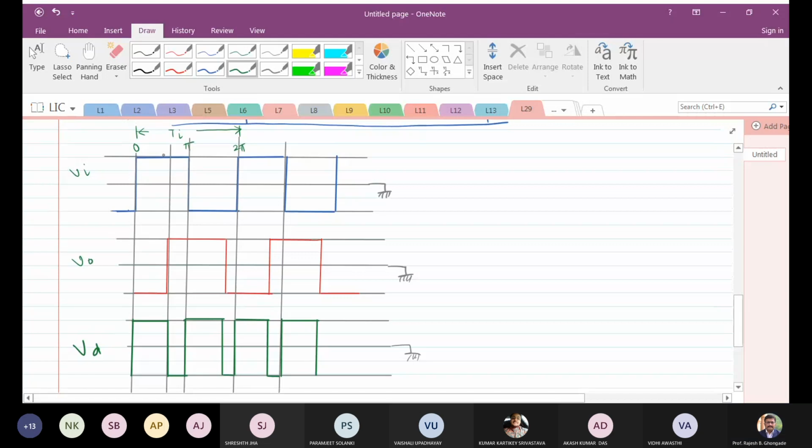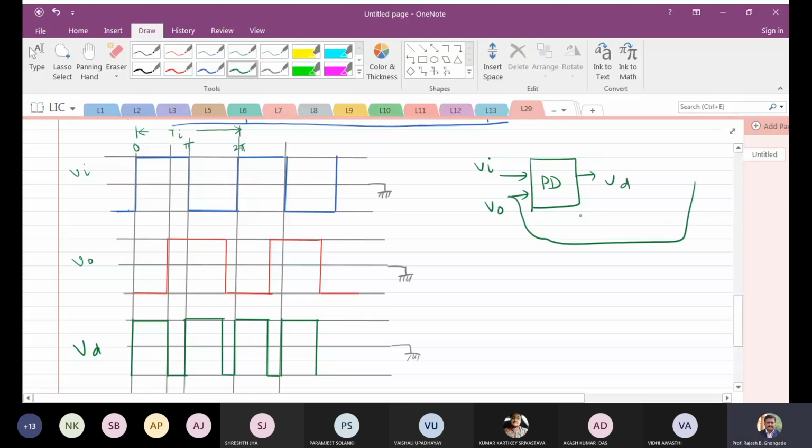Both these are inputs actually to that phase difference, isn't it? So this is your phase detector. This is your Vi. This is your Vo. Of course, you have got that feedback from somewhere out. Okay, and this is your VD.